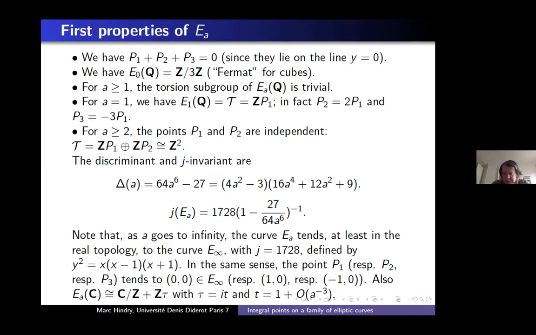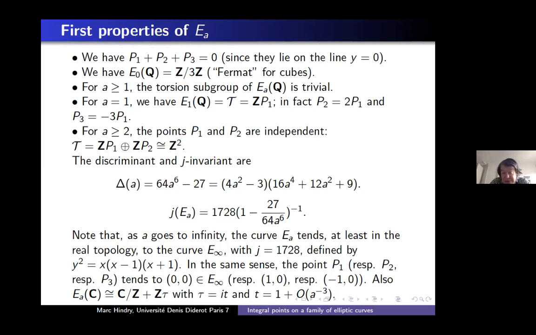For an elliptic curve, we want to compute a few of the invariants. One is the discriminant, the minimal discriminant of an elliptic curve in a sense. When we compute it, we find this, which is essentially the discriminant of the cubic field we were looking at.